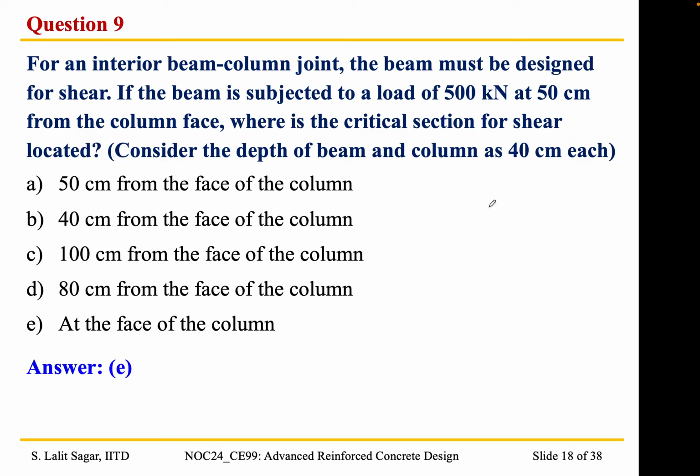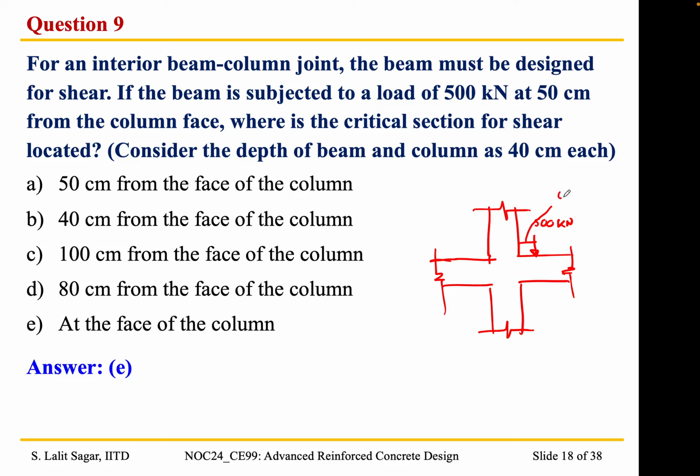So let us consider that we have a column here, and this is the beam. It is given that a load of 500 kilonewton is acting on the beam at a distance of 0.5 meters.